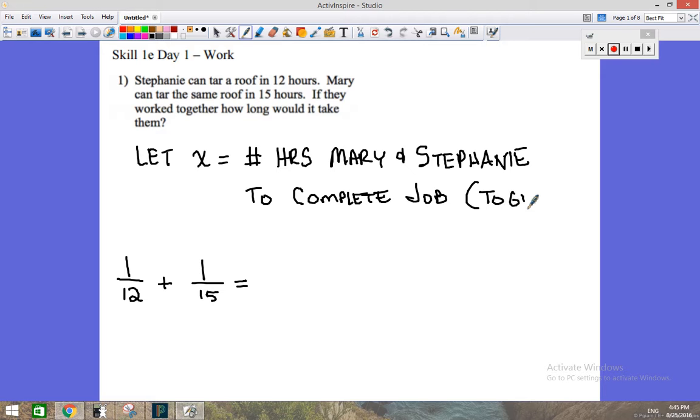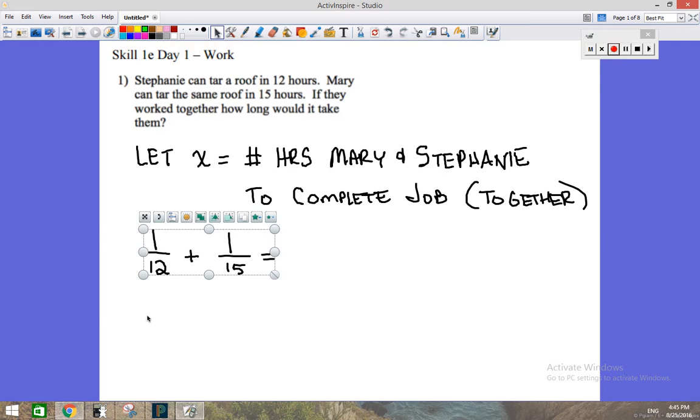They're working together. So all we have to do now is add the 1/12 plus the 1/15.